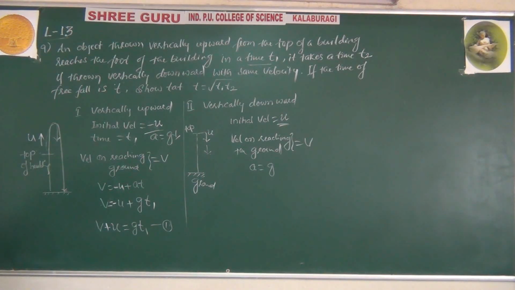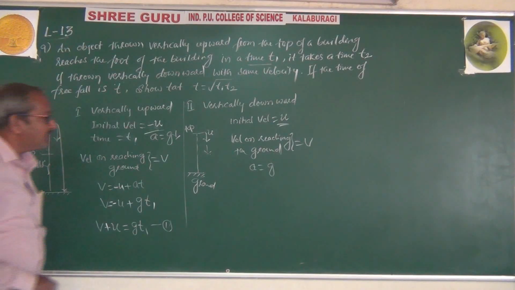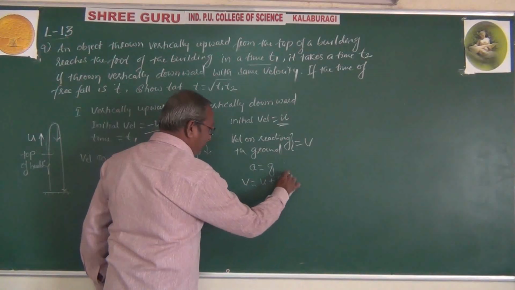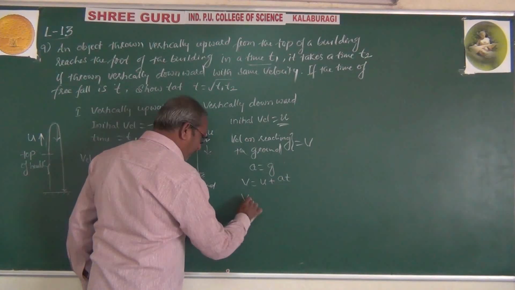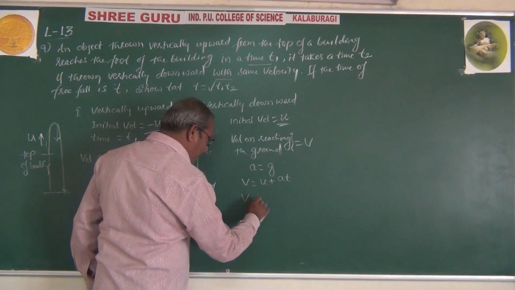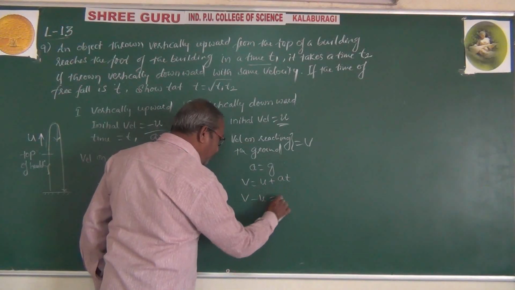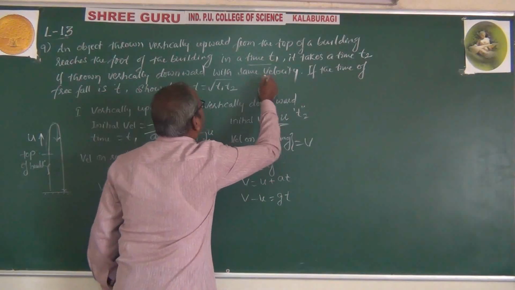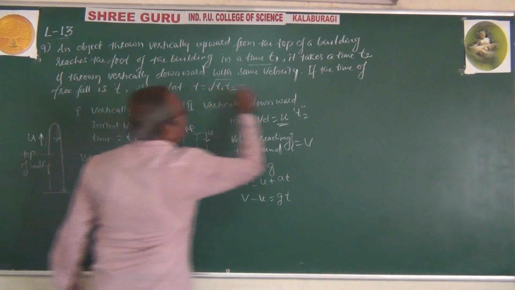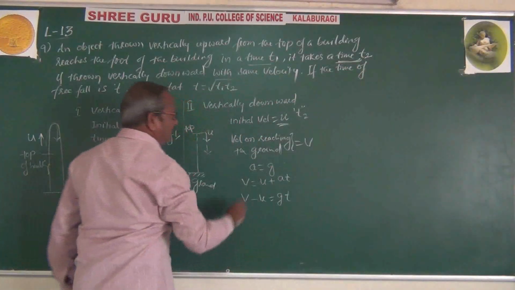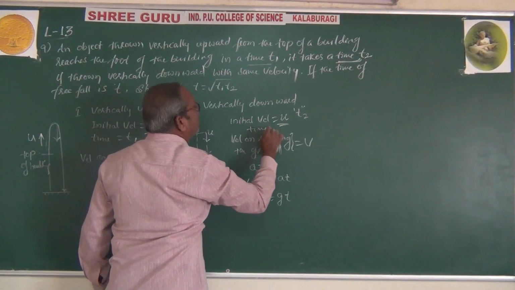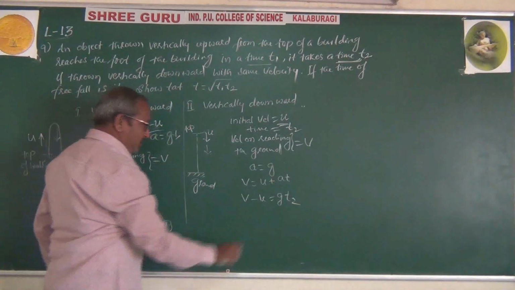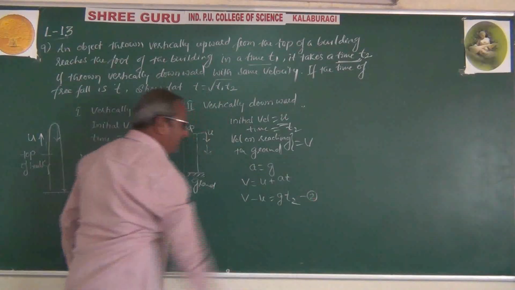Now here again v equal to u plus at. V minus u equal to g into time, and the time here is t2. They gave the time t2. So this is the second equation.